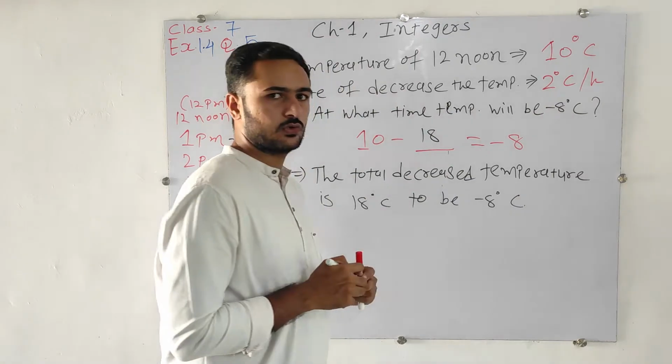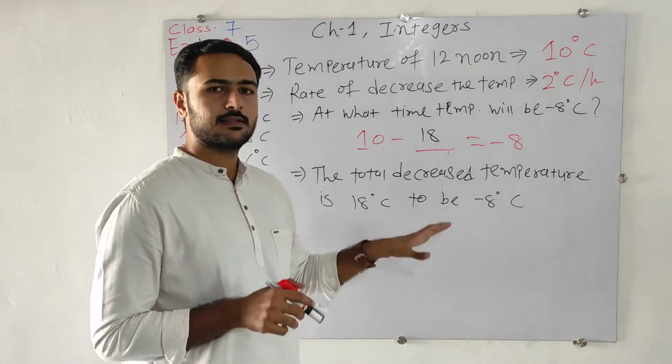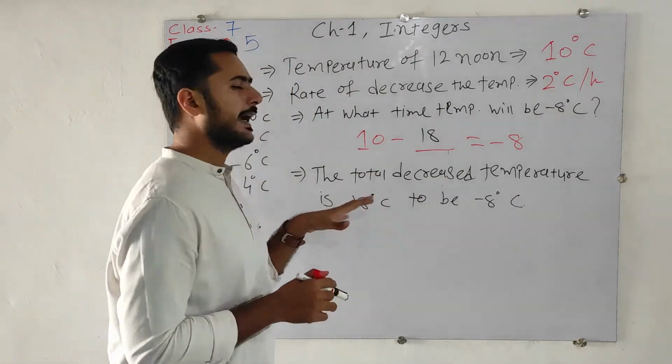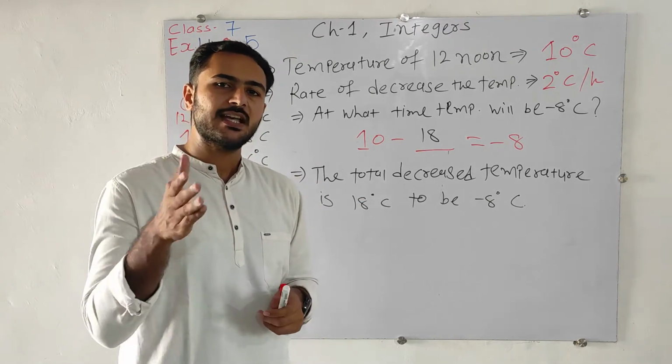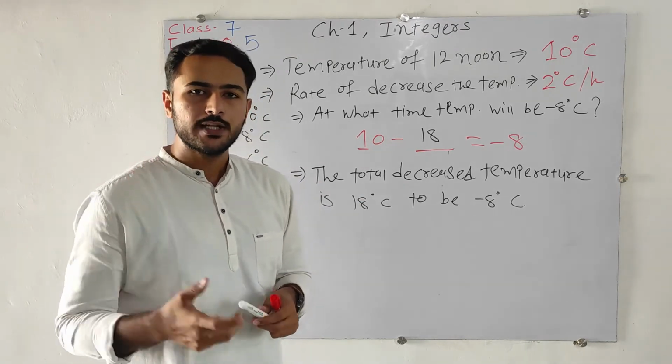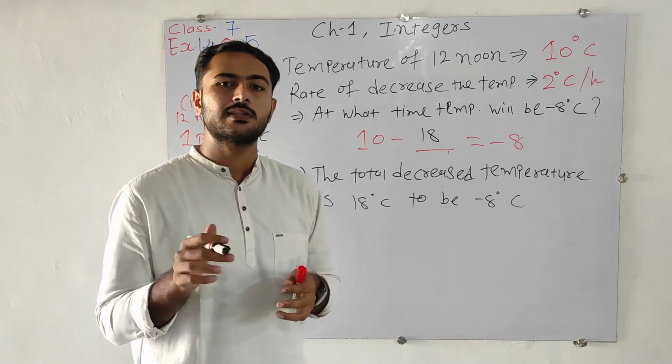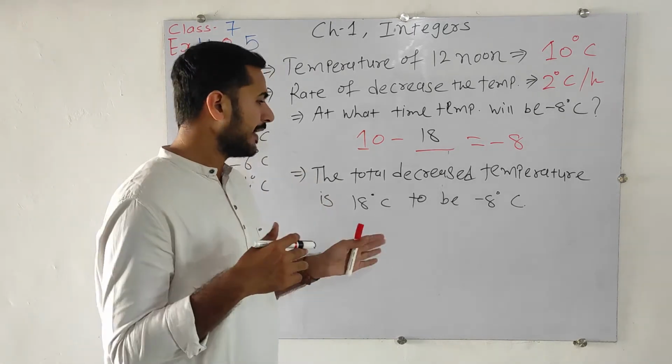Okay. So to be minus 8 degrees Celsius, the temperature needs to drop by 18 degrees Celsius. Now again, for each and every hour it drops by 2 degrees Celsius. So we will find out how many hours it needs.